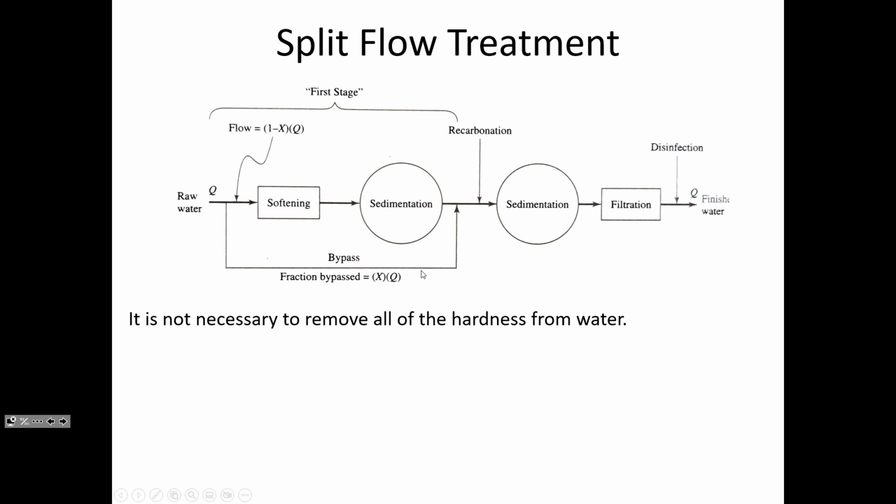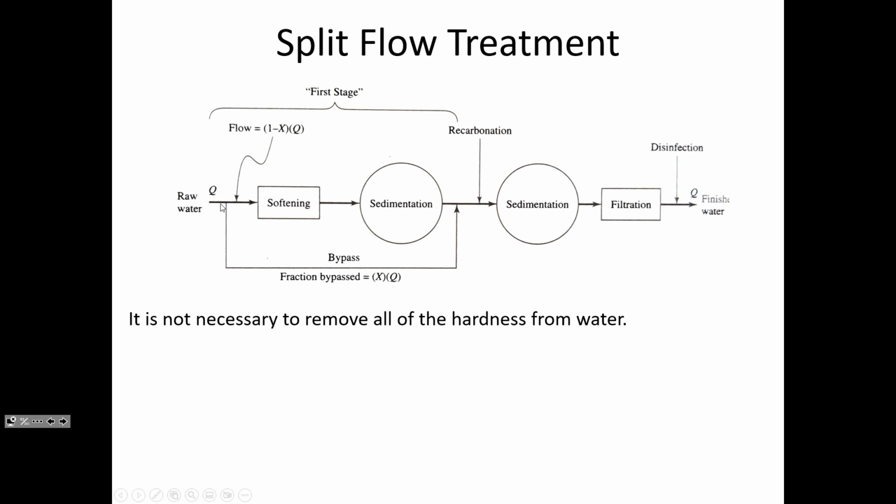But then does that other bypass water not benefit from the contamination removal? That's right. You don't get the benefits of the arsenic removal, the chromium removal, lead. So you only get the benefits to that portion that is in the first stage stream that is getting softened. So it's a balancing act.